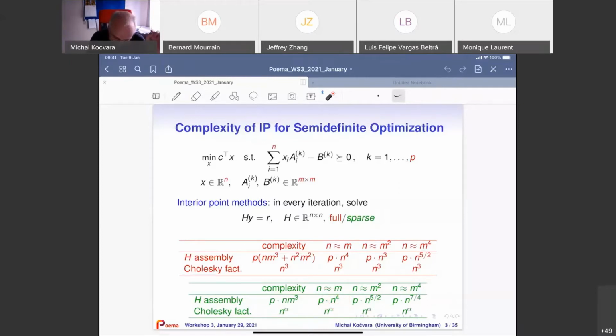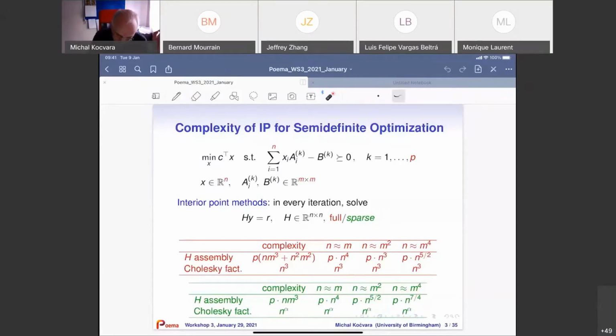But if n becomes bigger and bigger than m, then this number becomes smaller much faster than in the dense case. So for this case, we have a complexity which is smaller than quadratic.